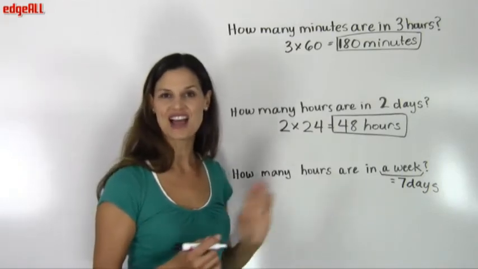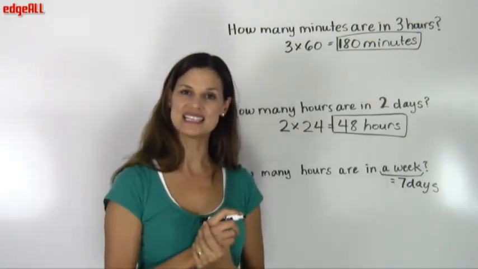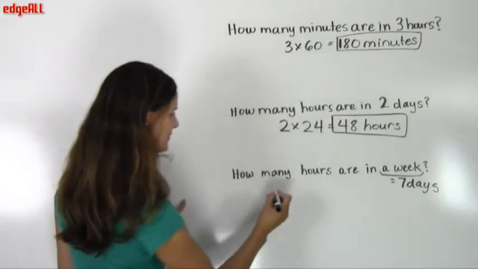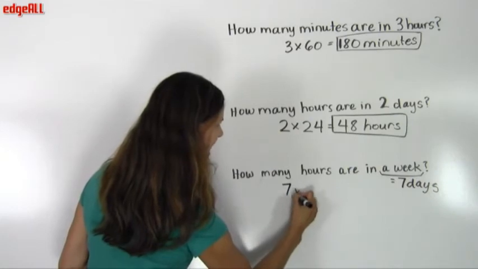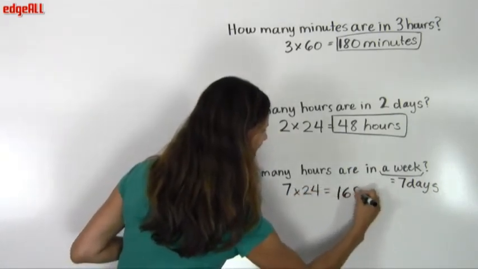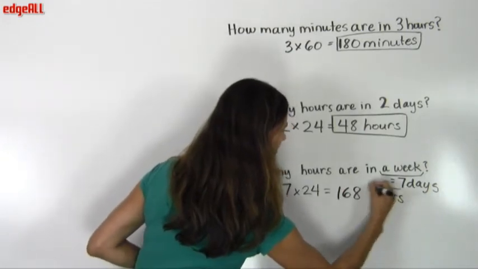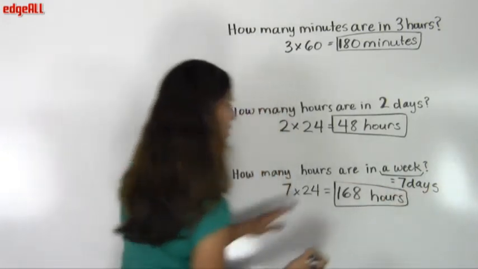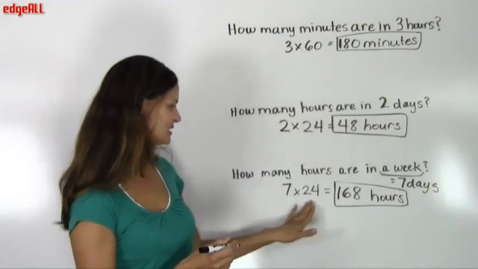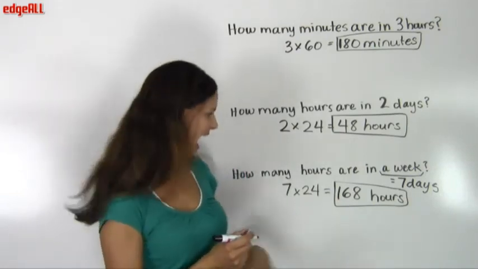So in order to find out how many hours are in 7 days, we need to multiply 24 times 7, or 7 times 24. And we get an answer of 168 hours in 1 week, which is 7 days. 7 times 24 equals 168 hours.